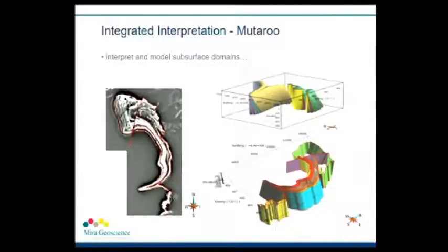As you can see on the top right, we build in 3D some of those structures, and then we have tools to build these bodies quickly, and then we start varying their dip, in this case, to understand what their dip may be. And with each step change in the dip, we're forward modeling, always forward modeling. You can forward model rapidly. Forward model to compare it to the data.